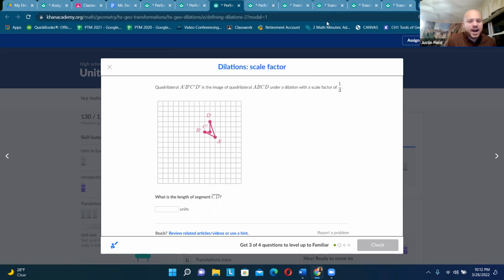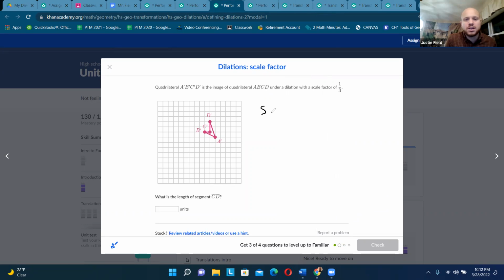Okay, so scale factor is a little formula. Scale factor is the image over the pre-image, like a corresponding side. So you see the scale factor is 1/3, and C prime D prime is 2.